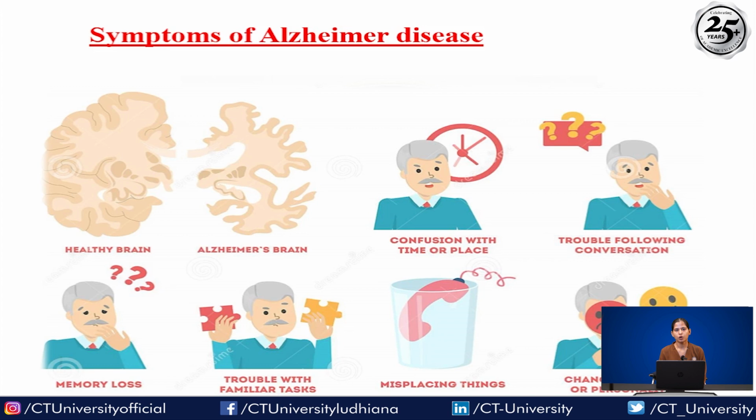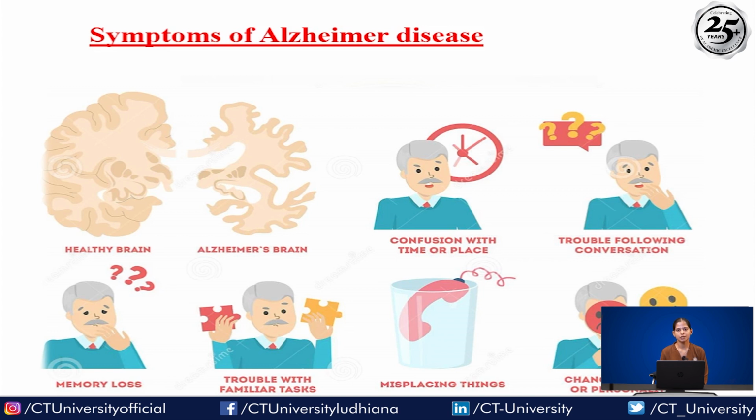Next is trouble following a conversation, where the person immediately forgets what conversation is going on between two persons. Next is memory loss and trouble with familiar tasks. If the person has Alzheimer's symptoms, the person has a problem in daily activities, like not memorizing the exact objectives. Next is misplacing things.